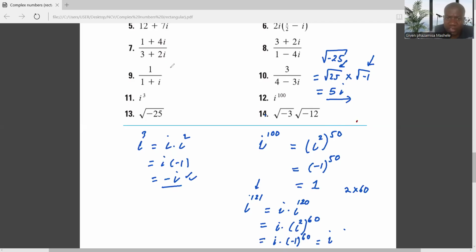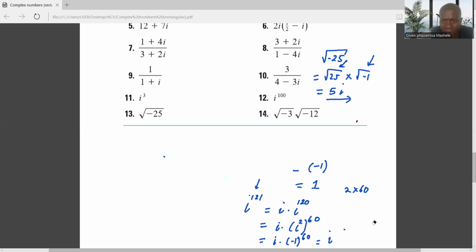Then how about this? The root of -3 multiplied by the root of -12. Same application.